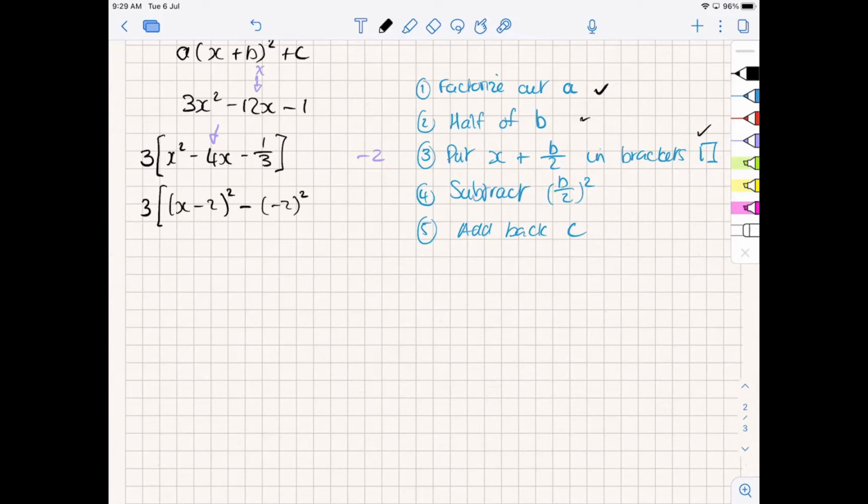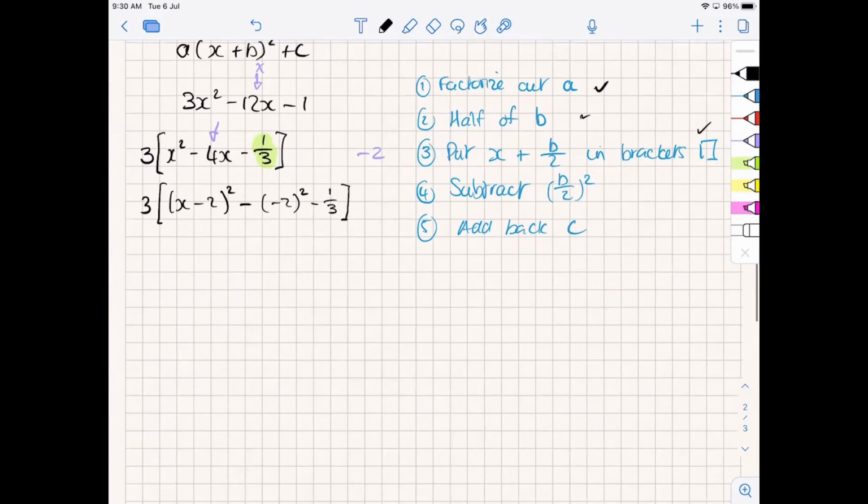And then I need to add back c. Again, I'm looking at this c, not the one from the original, because we've pulled that factor of 3 out and changed what it looks like. So I need to remember to subtract 1/3.